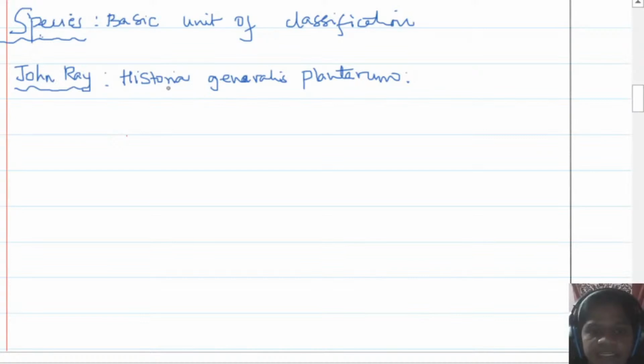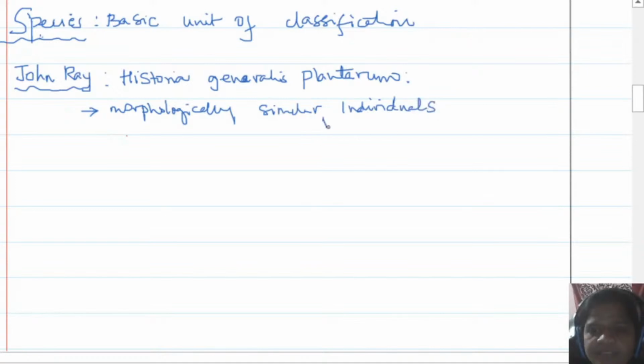He wrote in his book Historia Generalis Plantarum, he said, species, what is species according to him? He said they are morphologically similar individuals. So that means they have a common ancestor.